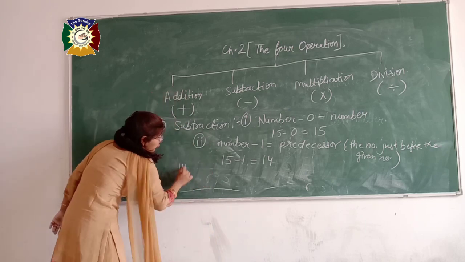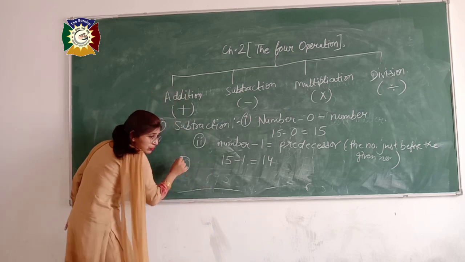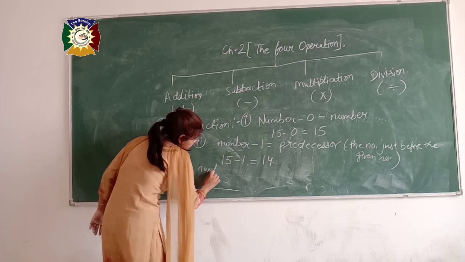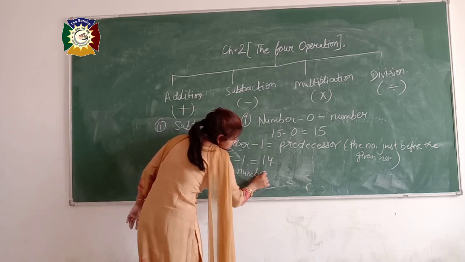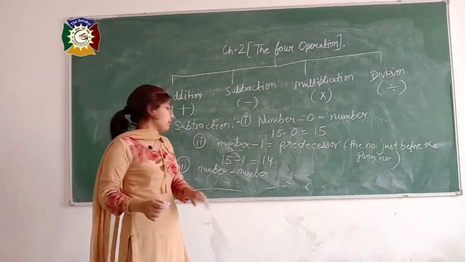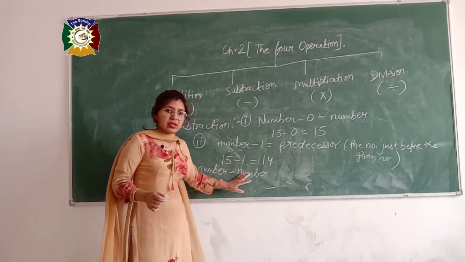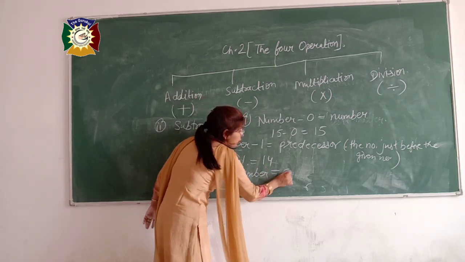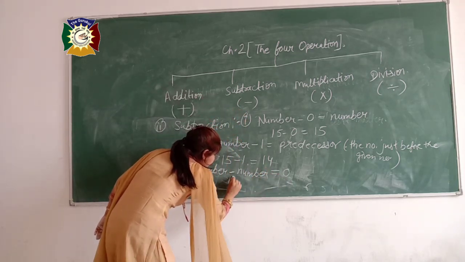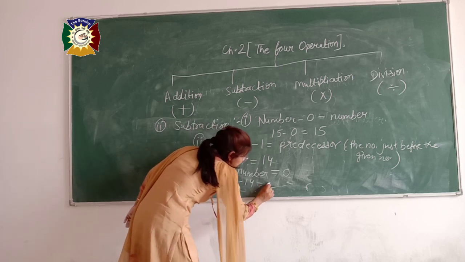Now the third property. What if you subtract the number from the same number? I am talking about the same number. If both the numbers are the same, what will you get? You will get 0. Like 14 minus 14, you will get 0.